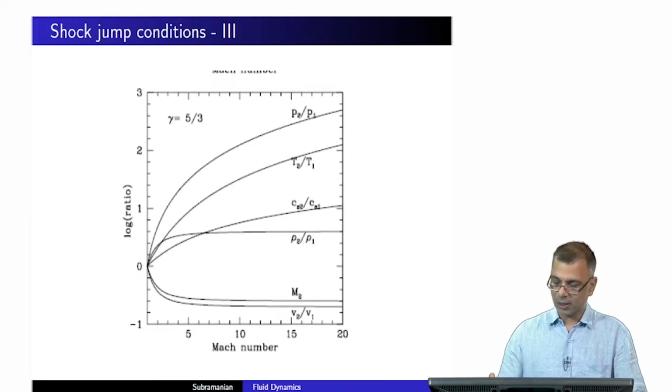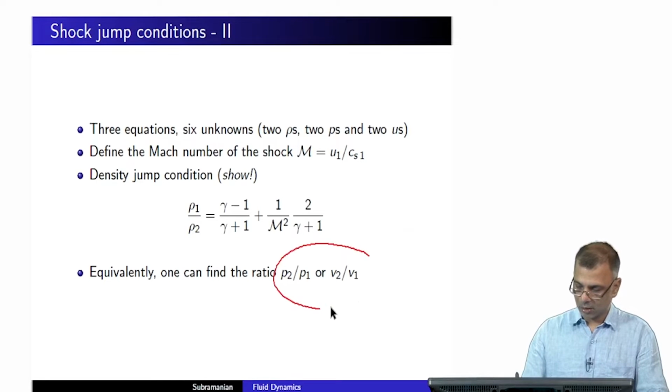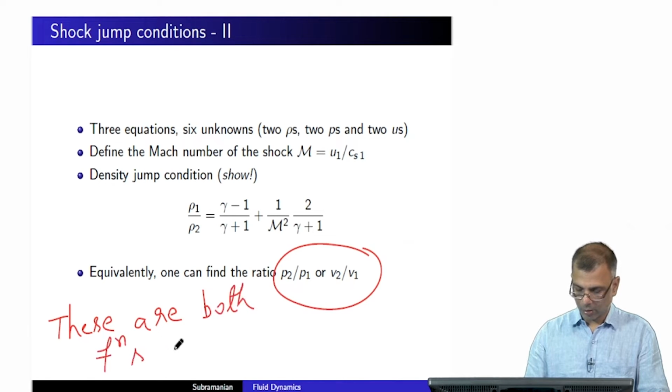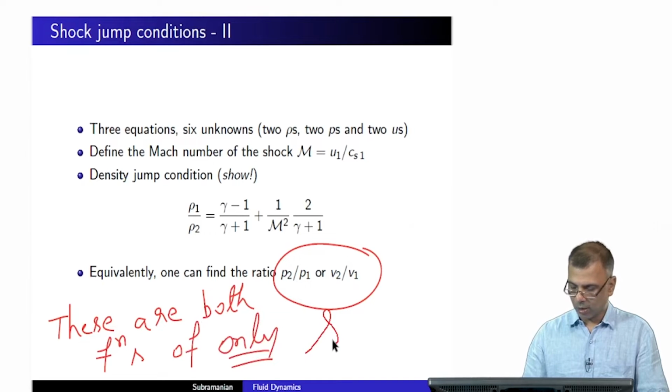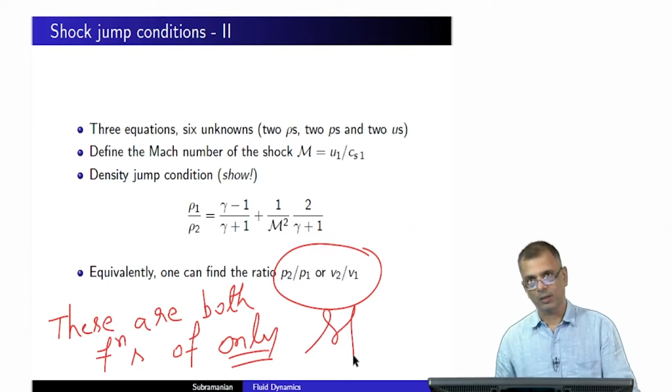And this is the plot. This is general, and all of these are functions of only the Mach number M. The Mach number M is the only thing that matters.